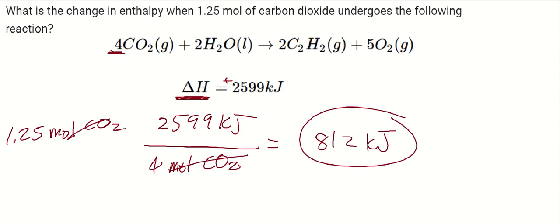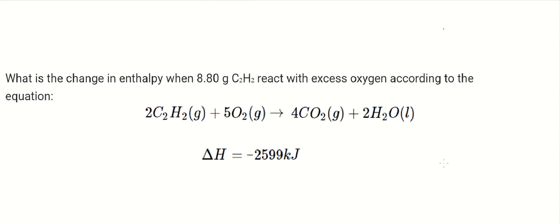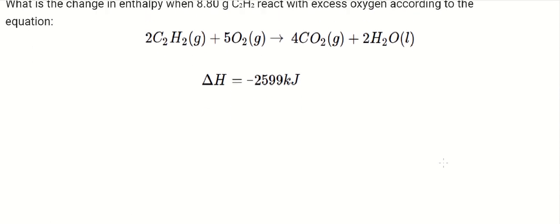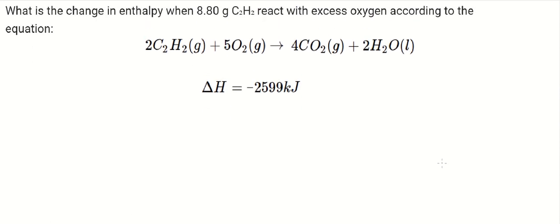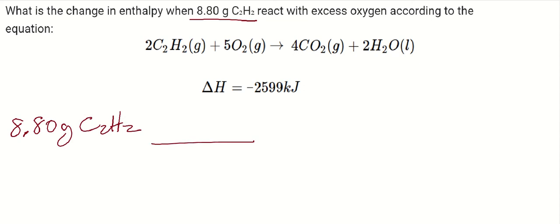it's the same reaction just flipped. So if the previous one was endothermic, this is exothermic. We just flip the arrows. We're given grams this time. So this time we'll need the molar mass off the periodic table, which you were provided. So let's start with the mass, 8.80 grams of C2H2, and then convert that to moles.